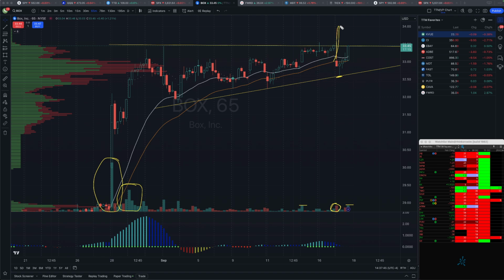Okay? When you get that fake breakout or that false breakout, you're usually going to come back in and test support, if not break it. And now look, we're right back up into resistance again. So that's how you see these patterns, and that's how you see price action on those breakouts.